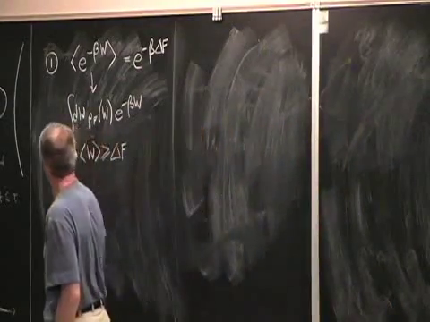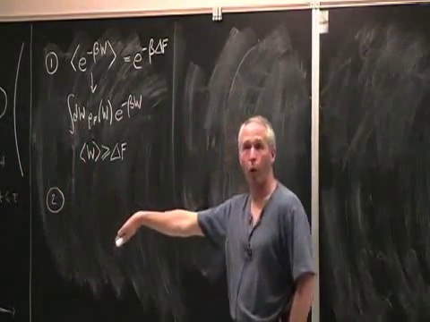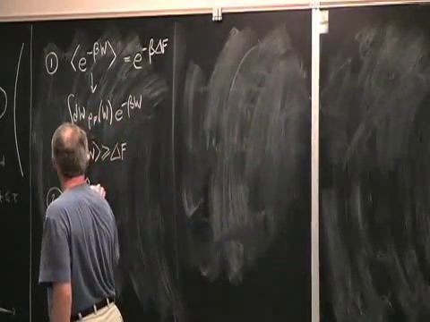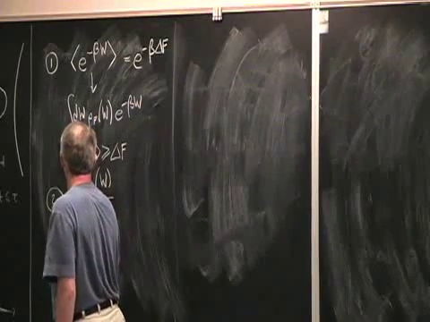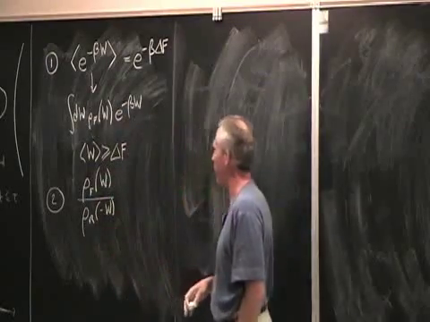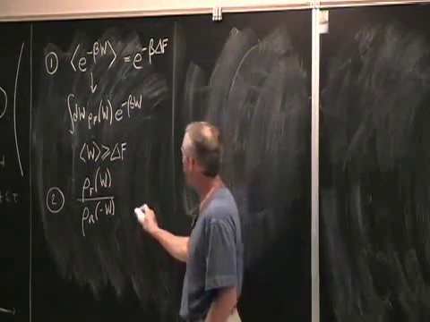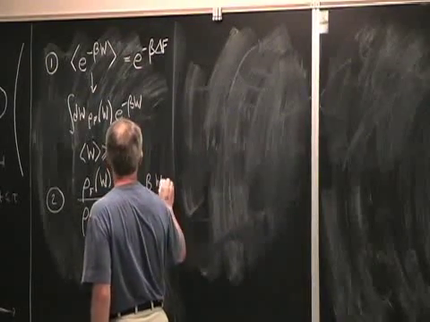All right, the second prediction that I'm going to discuss involves both the forward and the reverse process. It states that the distribution of work values during the forward process divided by the distribution of minus work values during the reverse process, for some particular value of W, this ratio of distributions is exactly equal to e to the beta (W minus delta F).